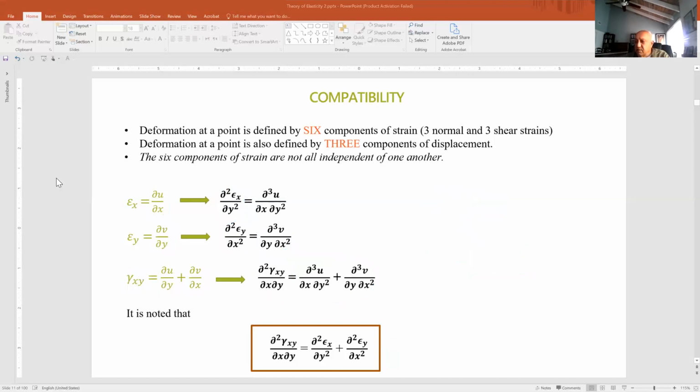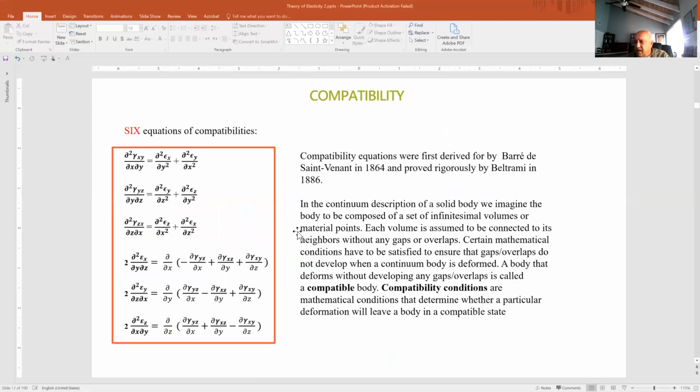Working in a similar mathematical way, you can find 5 additional equations of compatibility. So in total, we have 6 equations of compatibility that correlate all these 6 components of the strain to the derivatives of one another with respect to x, y, and z.